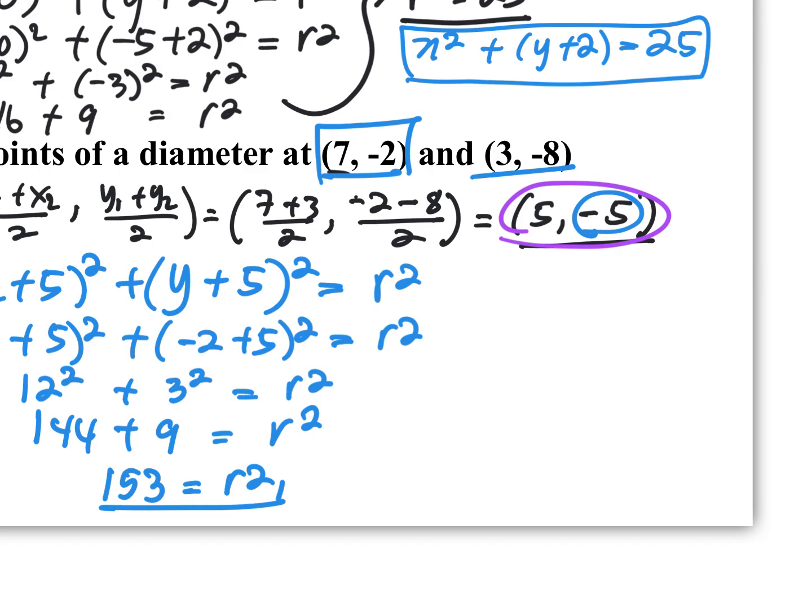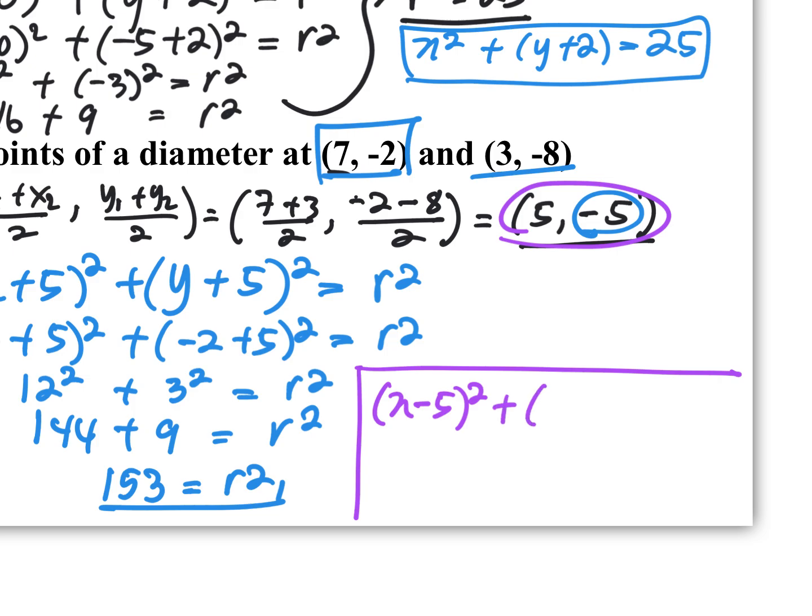More spacious down here. So that's going to be (x − 5)² + (y + 5)² = 13. So this is your equation.